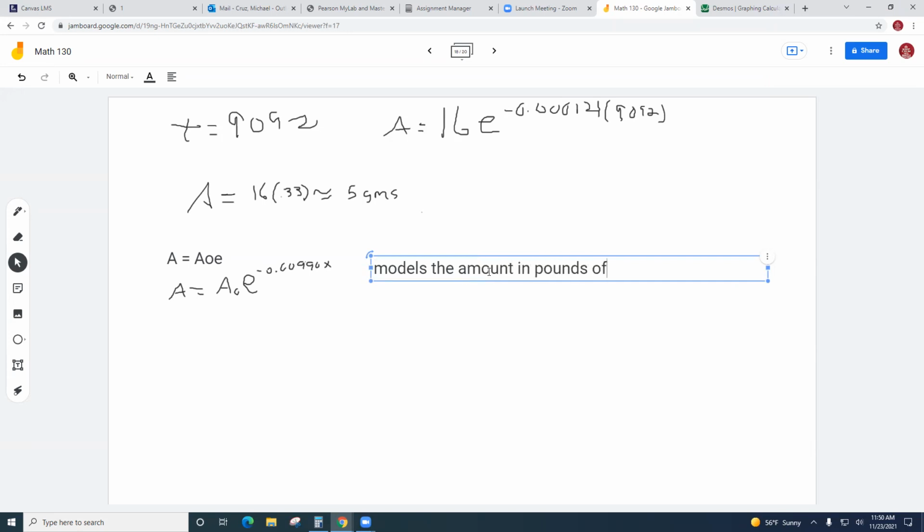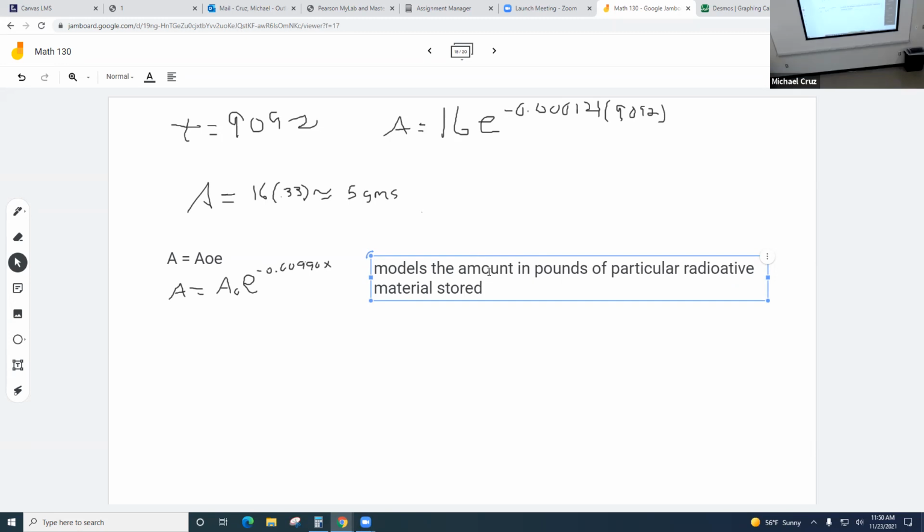Of a particular radioactive material stored in a concrete vault. Okay. How many years? Does it say how many years?